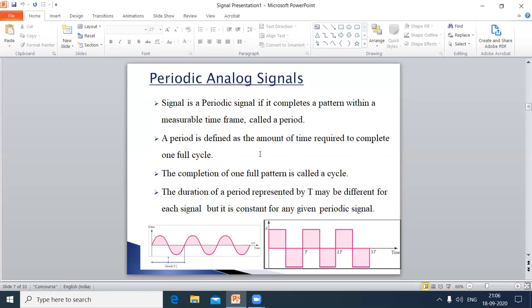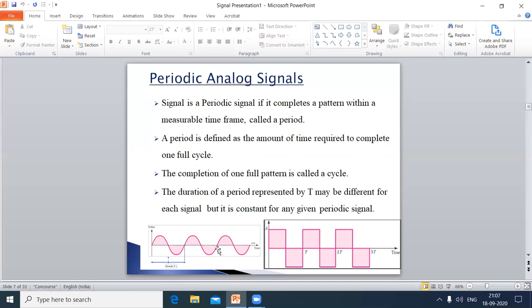Okay. A period is defined as the amount of time required to complete one full cycle. That means one cycle, two cycle, three cycle. The completion of one full pattern is called a cycle. Okay. That means period one, starting point, ending point.